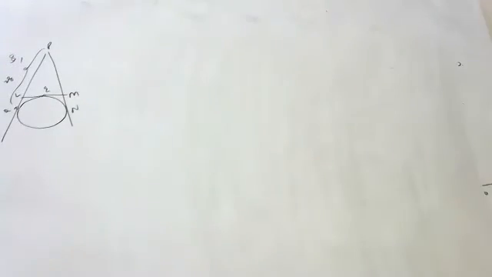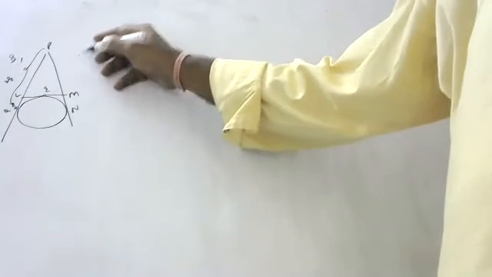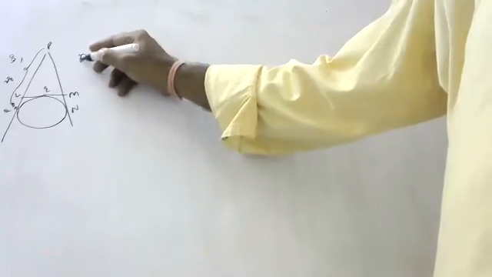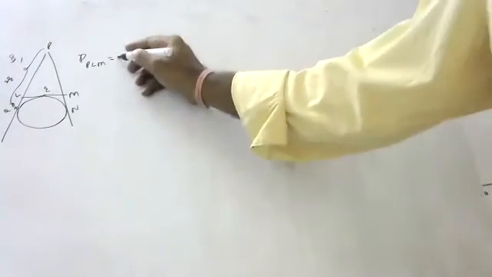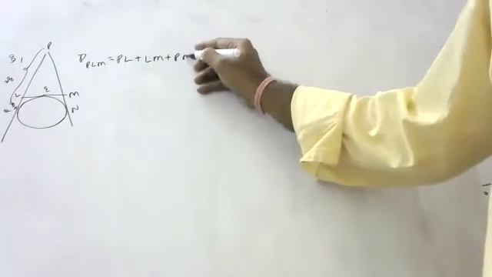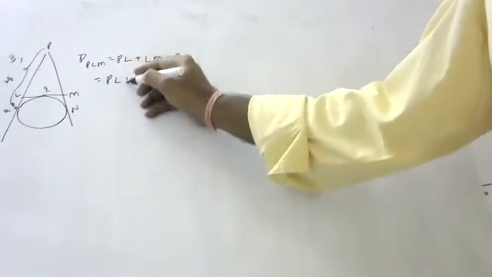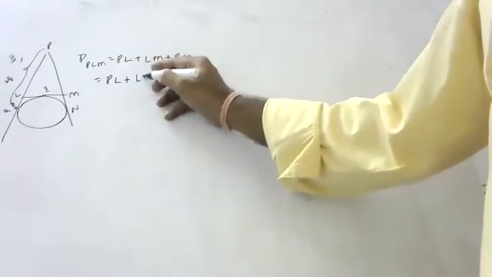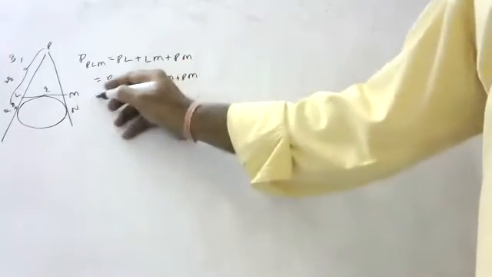Sir, PQ is 28. PQ equals PN. Perimeter of PLM means what? PL plus LM plus PM. PL plus LE plus EM plus PM.